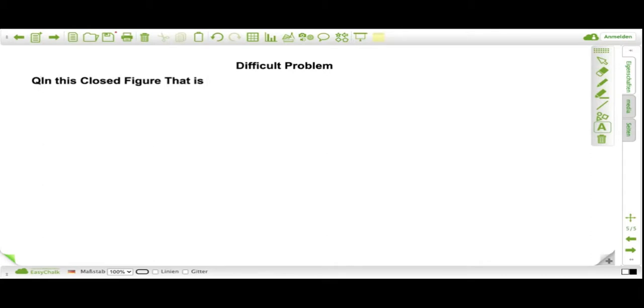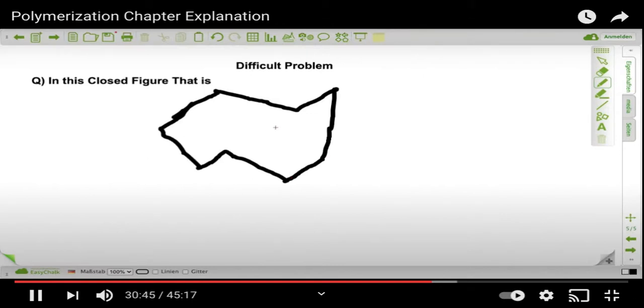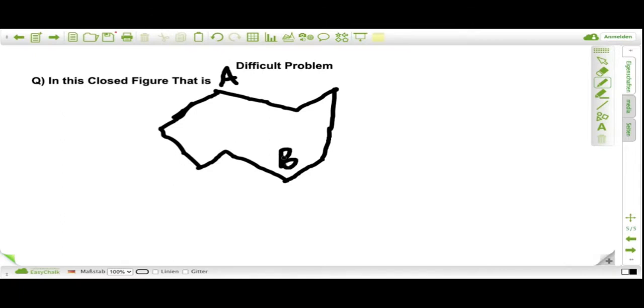In this closed figure, this is your closed figure, there is a point A and B. Now from these two points, the problem statement is like this.